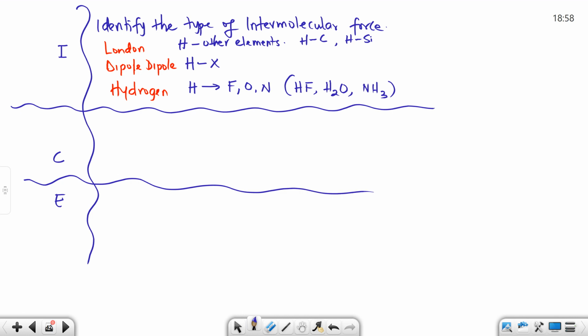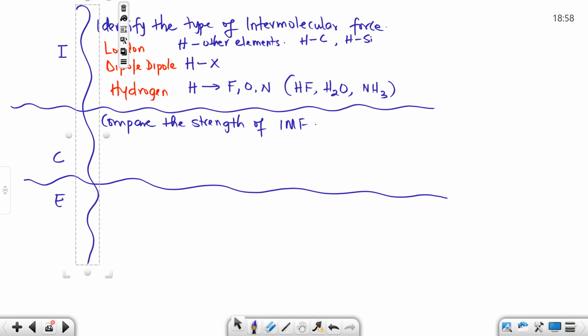Now, what do we do? C. So once you identify that compound A has hydrogen bonding, compound B has dipole, you identify. Don't write too many stories, 1 mark. Compare the strength of the intermolecular forces.